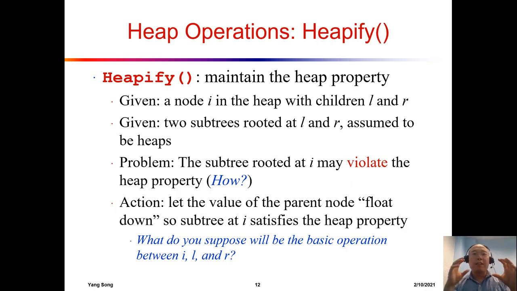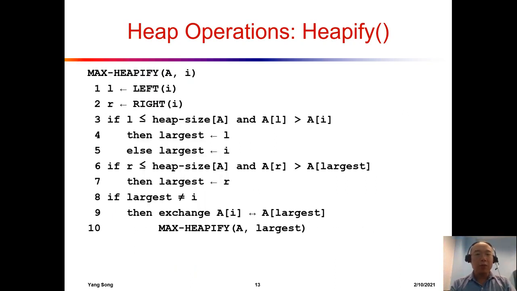If the parent is not qualified to be a parent, we have to flow it down either to the left or to the right. After we flow it down once, the job may not be done, so we may have to float that value all the way to the bottom or to the right place. Okay, so that is the Heapify.